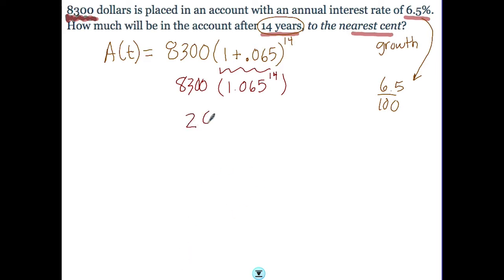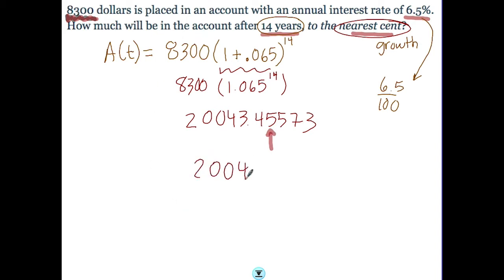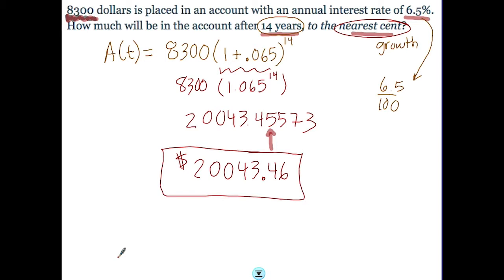You're going to get this decimal. It says to the nearest cent, which is right here, so our final amount is this. This is an exponential growth problem.